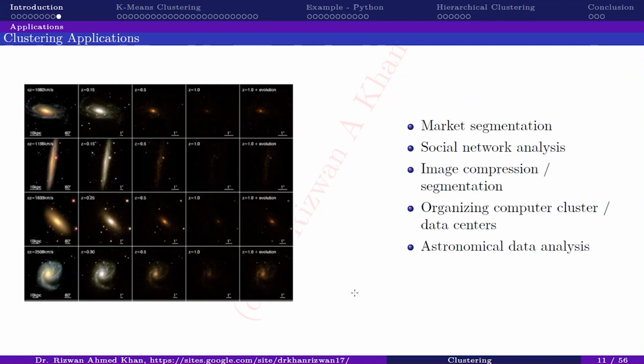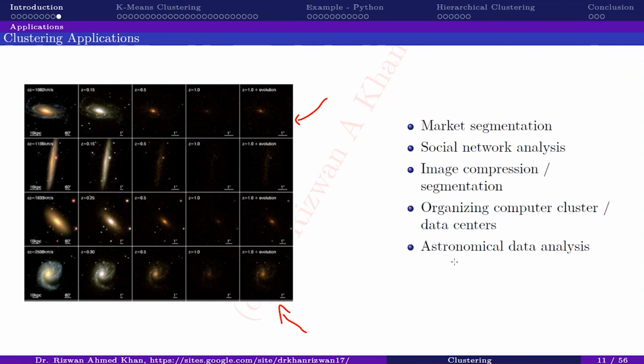Again, very important area. And one of the most fascinating areas, astronomical data analysis. Astronomers are using clustering algorithms to analyze the formation of galaxies, because these are clusters of stars grouped together. So they make galaxies. So clustering algorithms are used in astronomical data analysis as well.